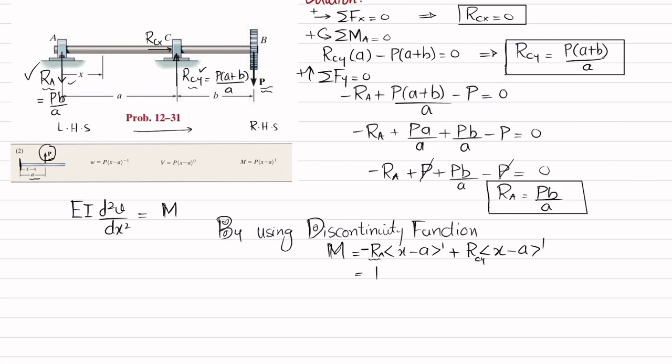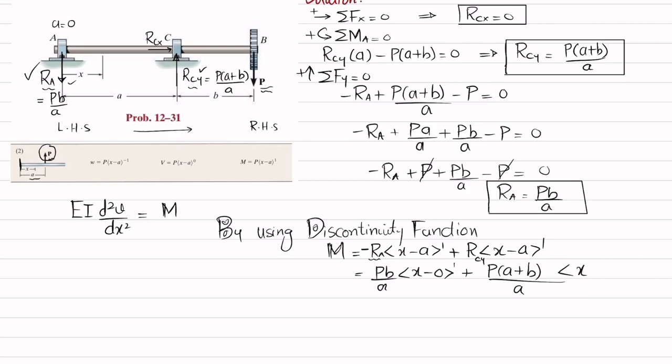RA is Pb divided by a, and here a is equal to 0, because this RA is on x. So I will write x minus 0 power 1, plus RCY, which is equal to P into (a plus b) divided by a, into x minus a.